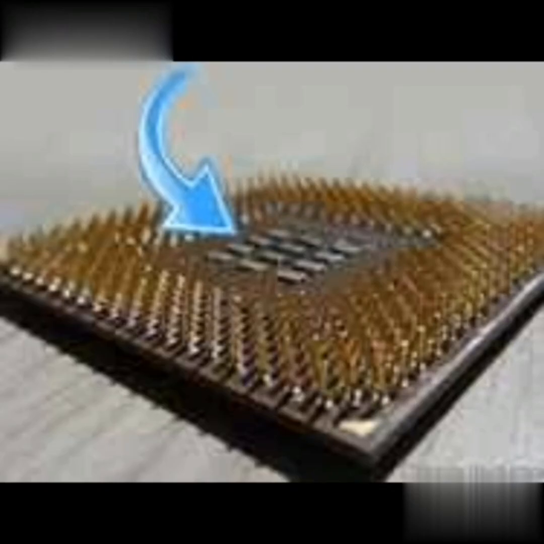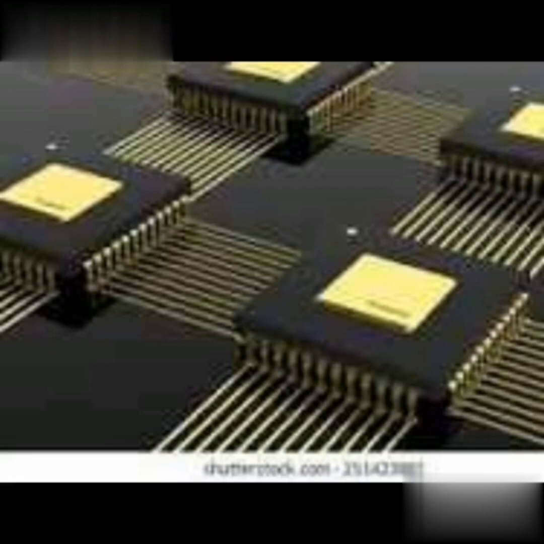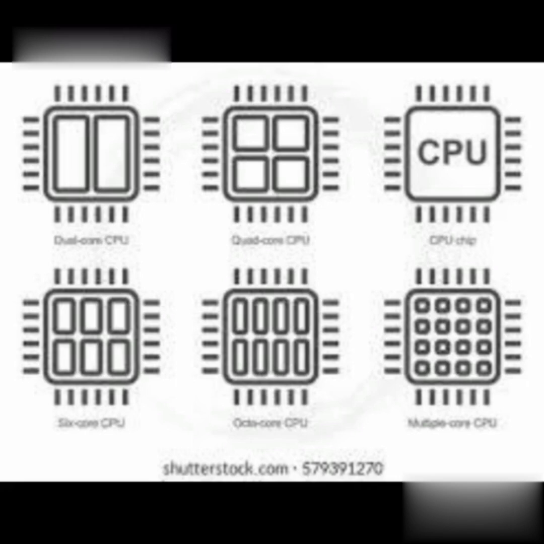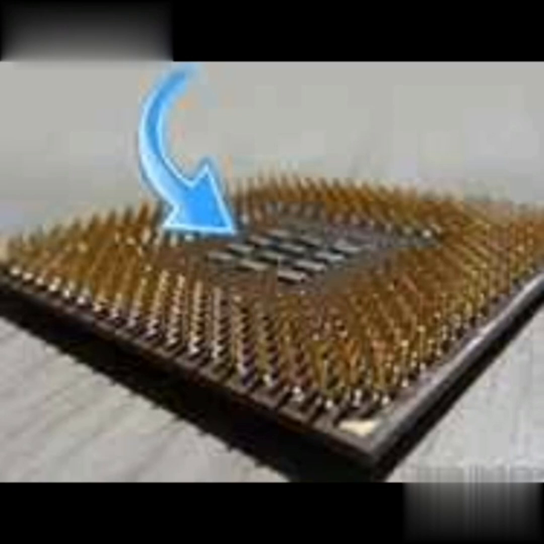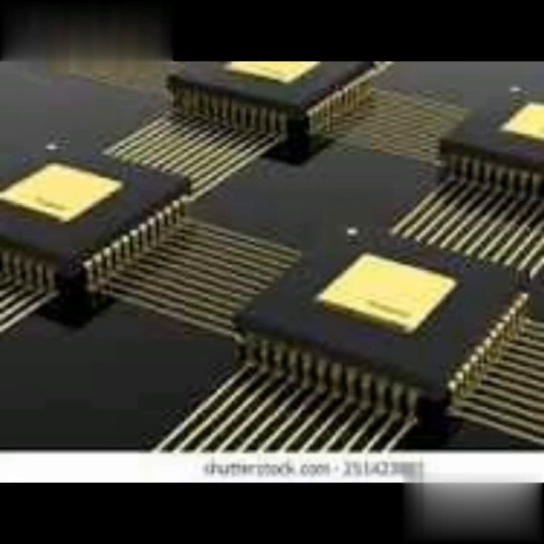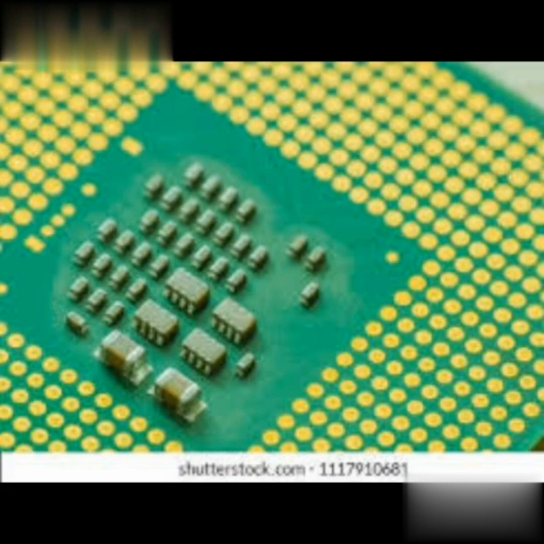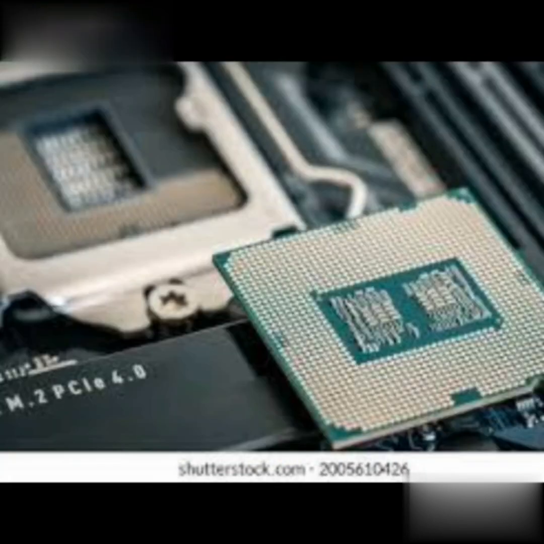The number of cores in the CPU indicates how many mini CPUs are allocated to the chip. With up to 12 cores, they can multitask. You will need at least 6+ cores for gaming. Threads. The threads are the actual instructions of a program.